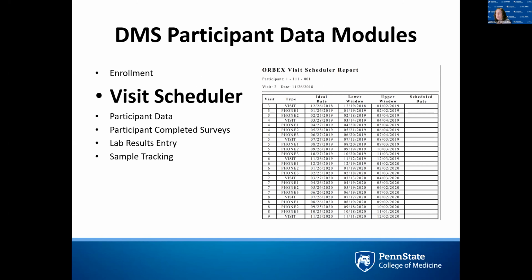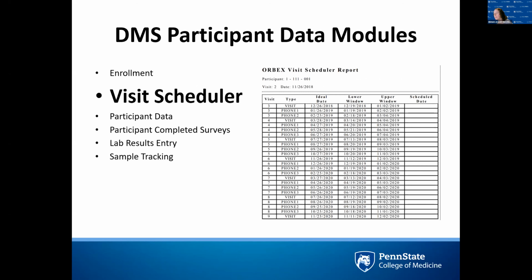Our visit scheduler is kind of similar to what REDCap had used, is configured to allow each study to identify the visit structure with the visit IDs and phone contacts that may occur, when their ideal date is going to be, and when the lower window and upper windows are going to be.